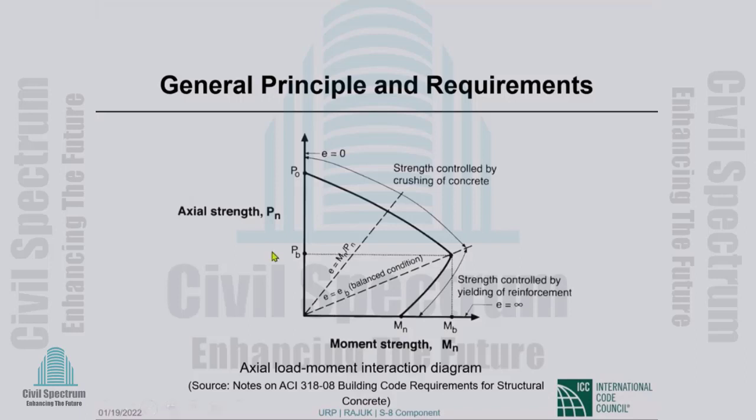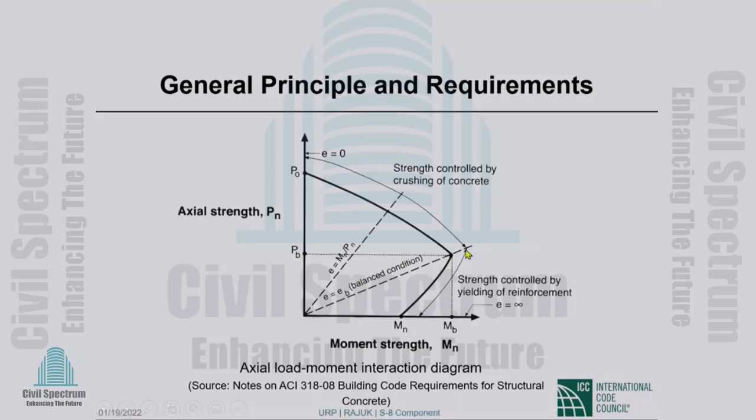The eccentricities are denoted by those inclined lines. At any point, the eccentricity is the bending moment divided by axial load. The balanced eccentricity is the balanced bending moment divided by the balanced axial load, M sub b divided by P sub b. I don't know that figure tells you much more.